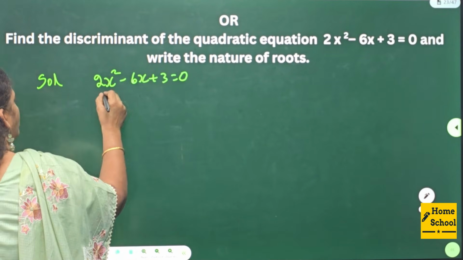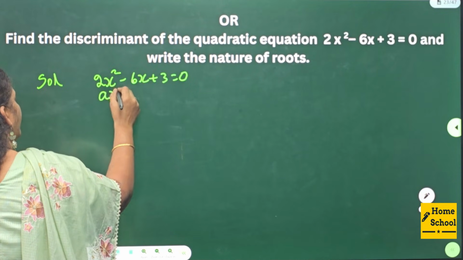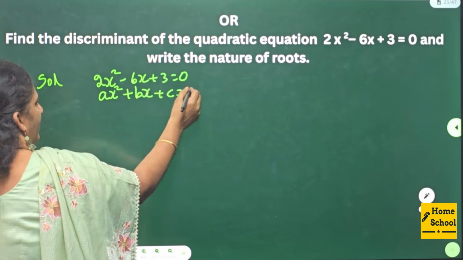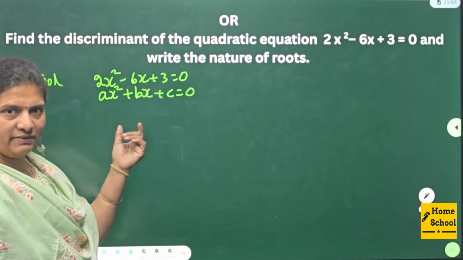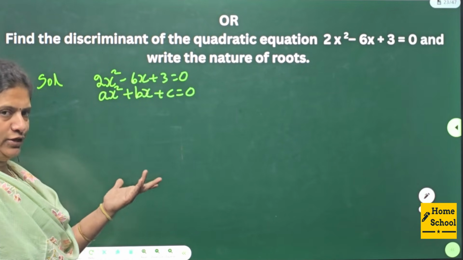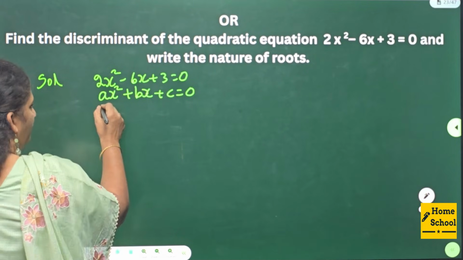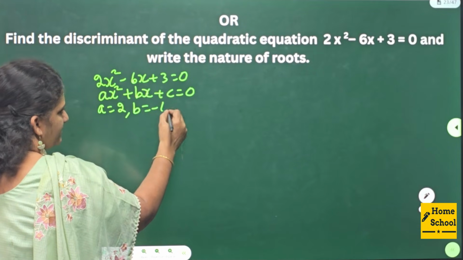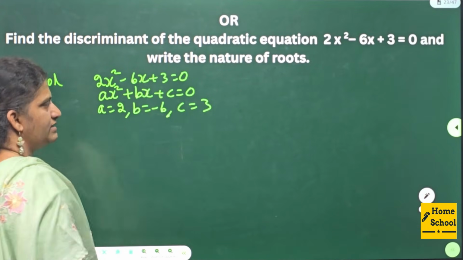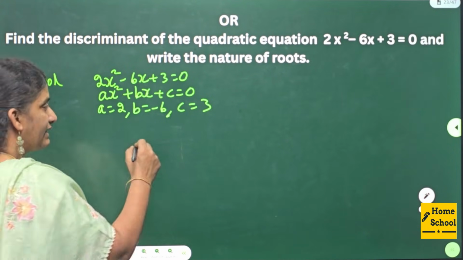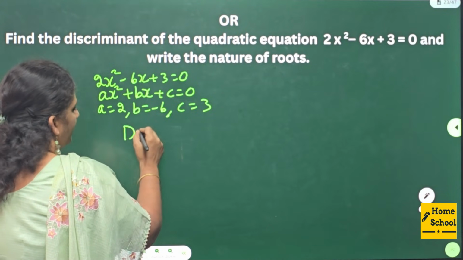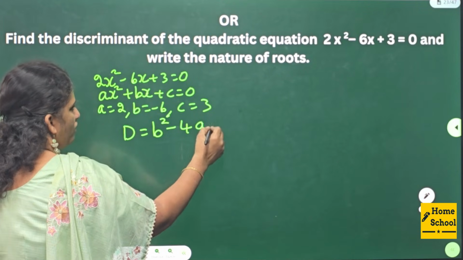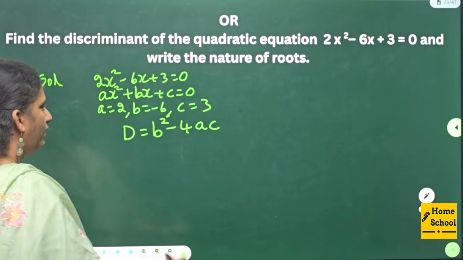We know first, given quadratic equation we need to compare with the standard form, that is ax square plus bx plus c equal to 0. What is a value? A value is 2, b value is minus 6, c value is 3. Discriminant d is equal to b square minus 4ac.